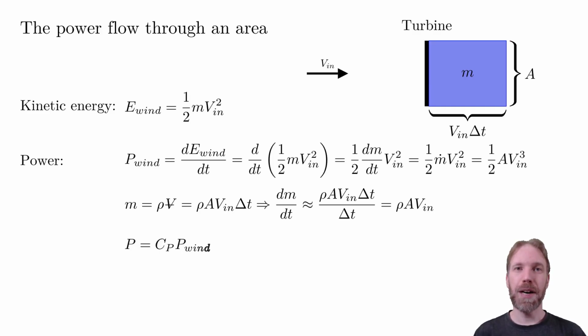Let's define the power of the turbine as the power of the wind multiplied by the power coefficient. The power coefficient is a measure of how much of the energy in the wind that the turbine can absorb. Note that the power coefficient is not the same as the efficiency. Efficiency is related to how much of the incoming energy is converted to heat.